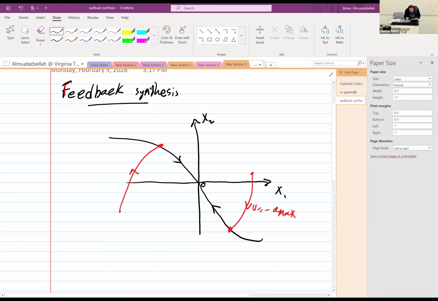On the black you have u equal to A max, going red and then black. Then here you have red, which in this case will have A max also, and in the black you have u equal to minus A max.